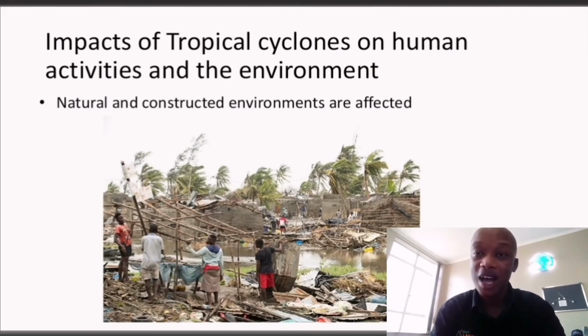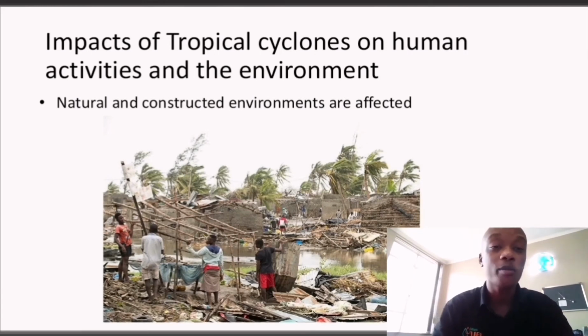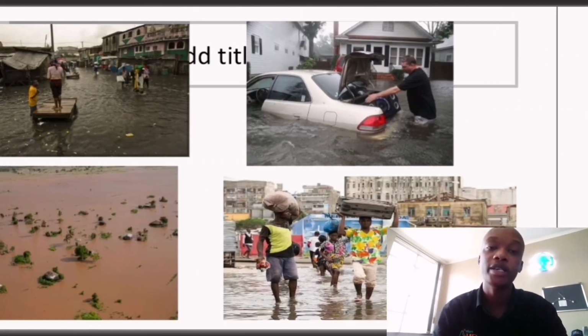All that will later result in a negative economic effect, because the infrastructure that has been damaged has to be reconstructed for life to continue smoothly. The people that have passed on due to the tropical cyclone have to be buried.